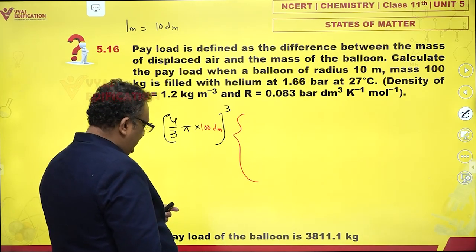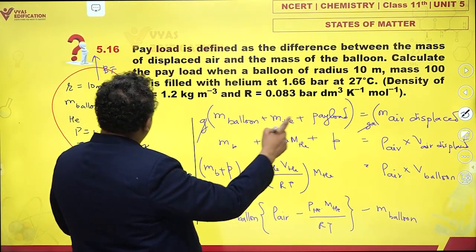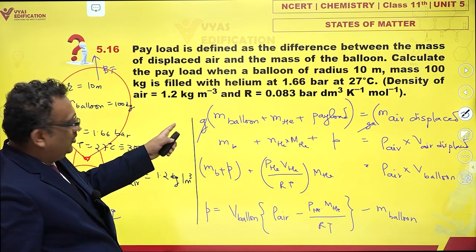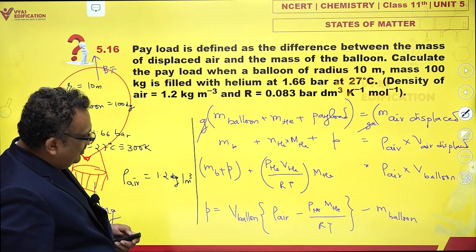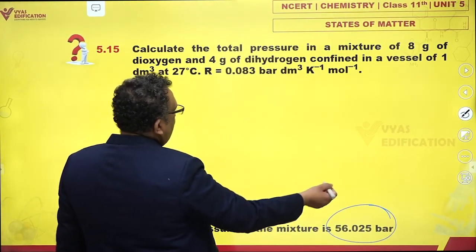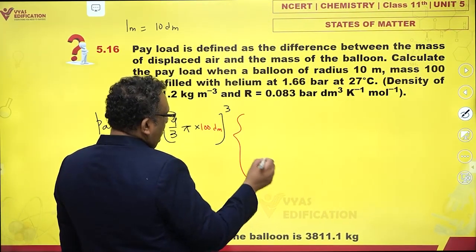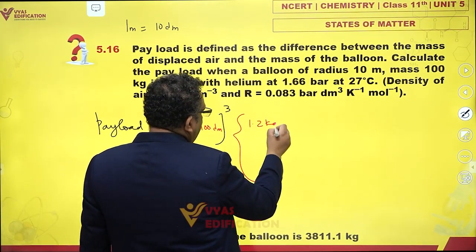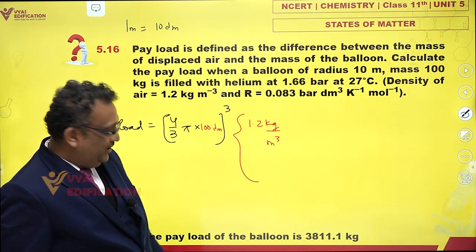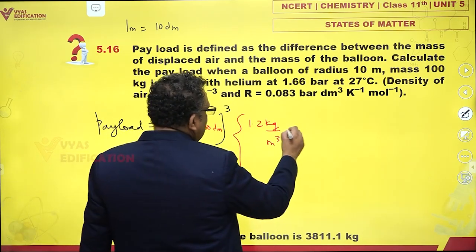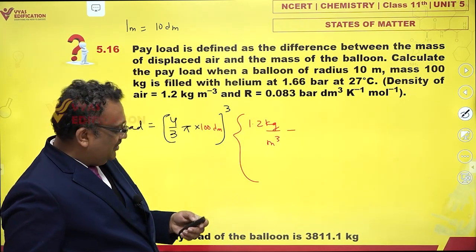What do I have? I have density of air, which is 1.2 kg per meter cube, minus this thing. No, this is dangerous because units are in meter cube here. Never mind. Minus the helium stuff. What is that?